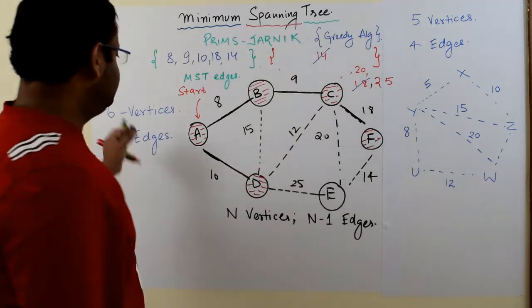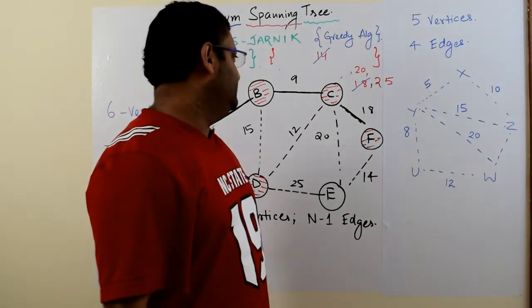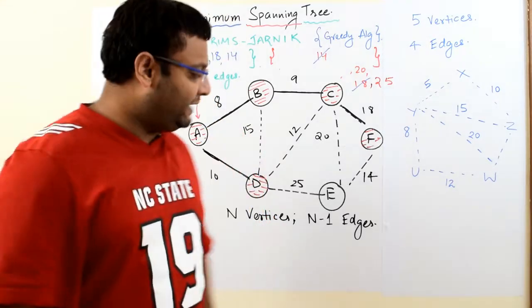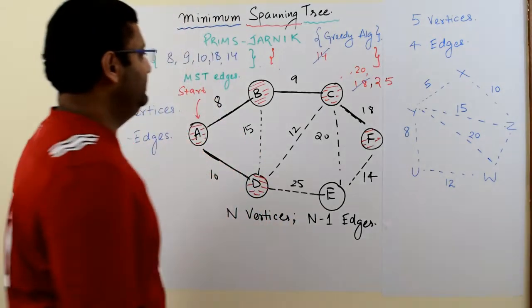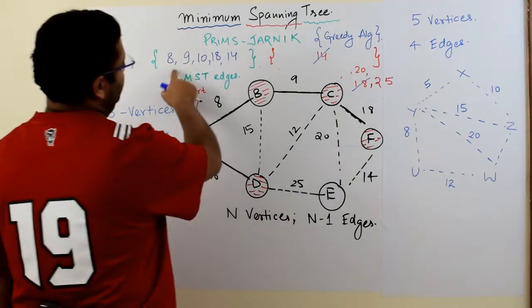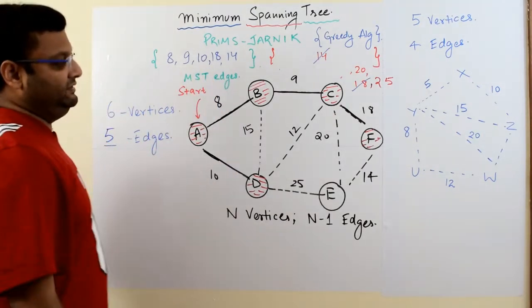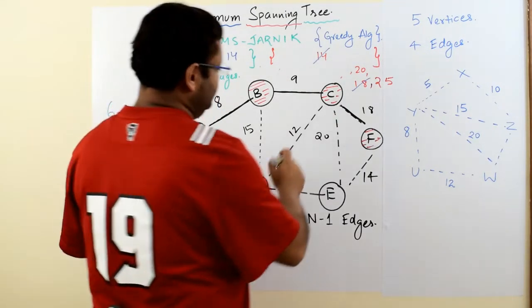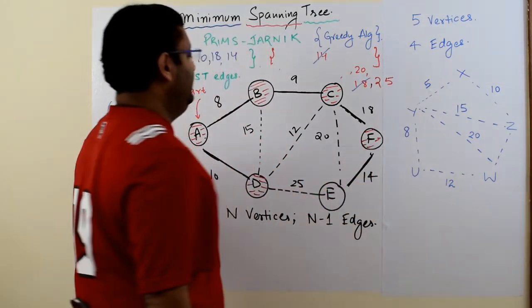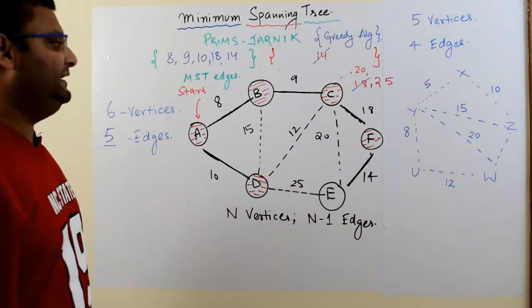Now for a 6 vertex graph, how many edges do I need to form a minimum spanning tree? As you already know, n minus 1. So it would be 5 edges, right? Let me see whether I am done. 1, 2, 3, 4, 5. I am done. Finally, with this 14, I also mark it as bold, and this is my spanning tree.